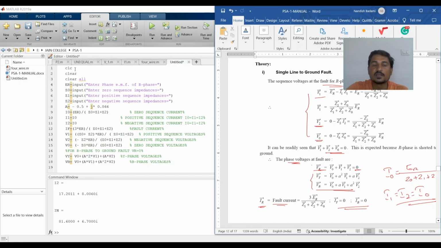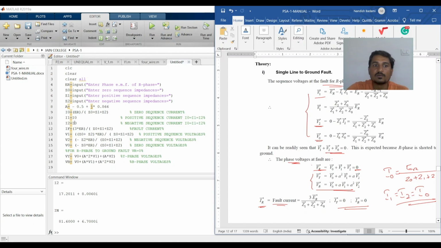CLC is to clear the console, clear all is to clear the memory, and we'll be showing how to clear the memory using the clear all function. A is a constant whose value is 0.5 plus J 0.866, and we have already discussed this in the previous video. Please do go through the previous videos.